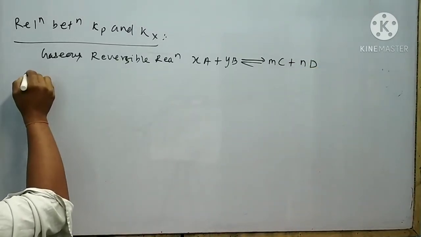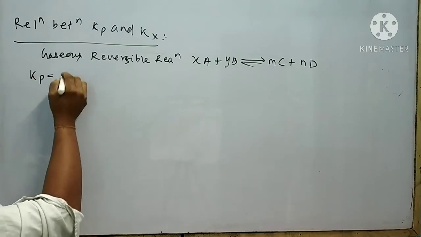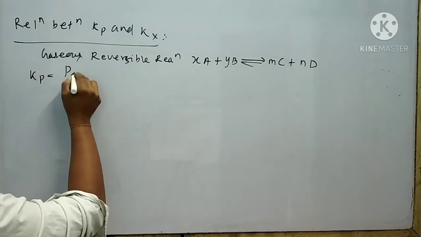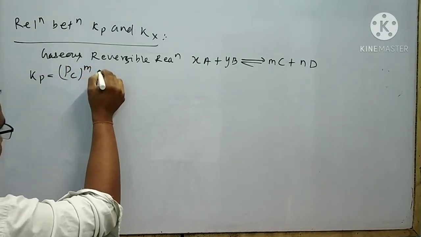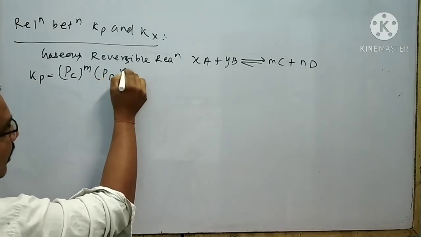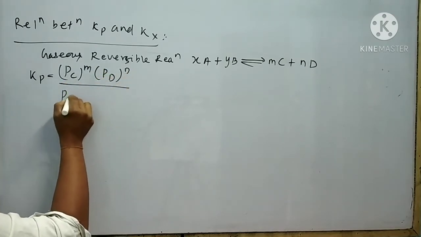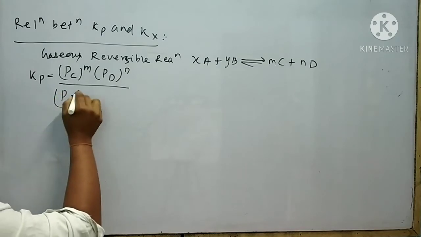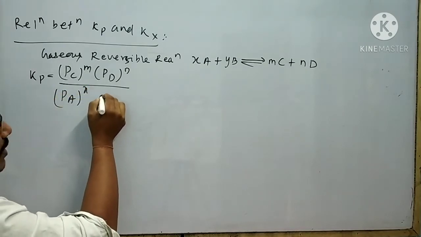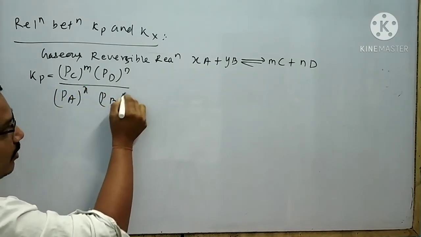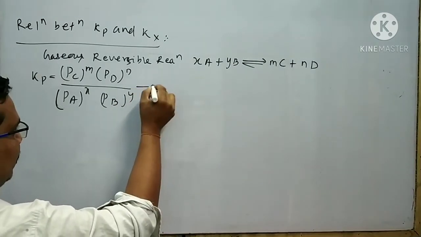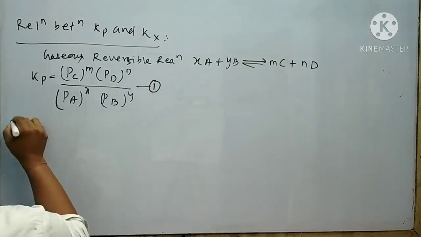For this reaction I can write Kp equal to partial pressure of C power M into partial pressure of D power N divided by partial pressure of A power X into partial pressure of B power Y. So this is your equation number 1.